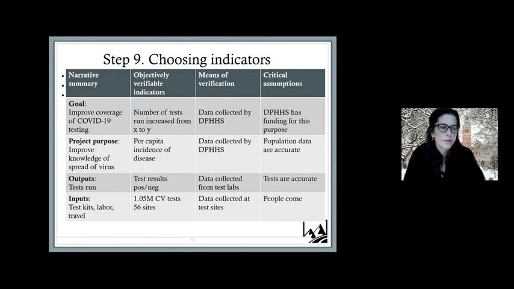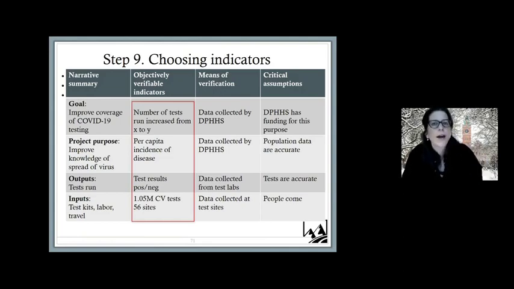That would be, for instance, a number of sites or a number of tests run, number of positives and negatives, the per capita incidence of the disease, and the outcome might be the number of tests run increased from X in this period to Y in this other period. So like that. It's really the second column in the log frame matrix that you're seeing the heavy emphasis on the indicators and defining them as precisely as can be.